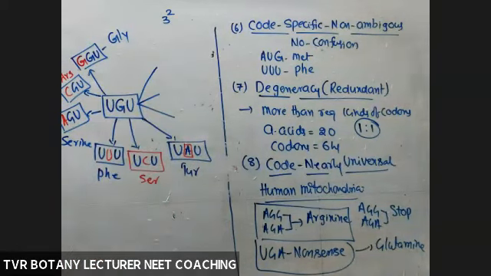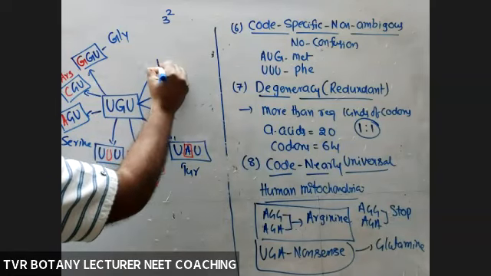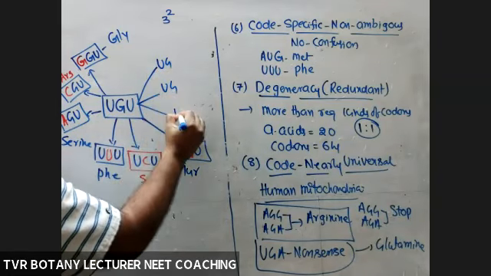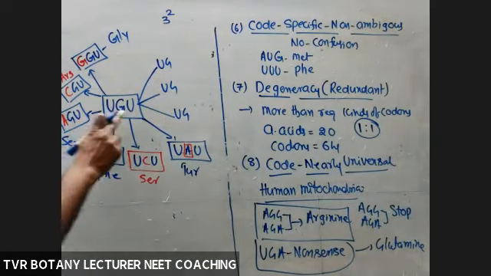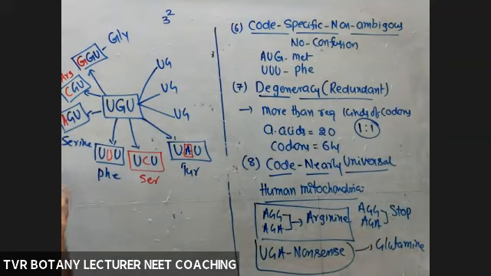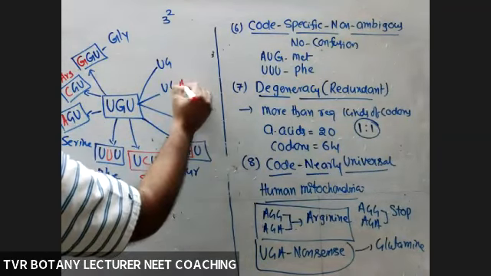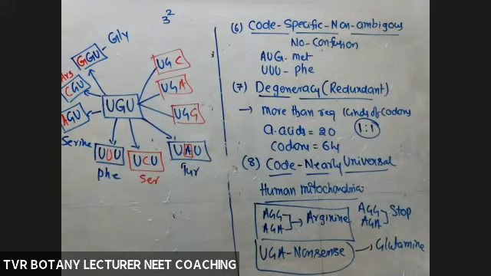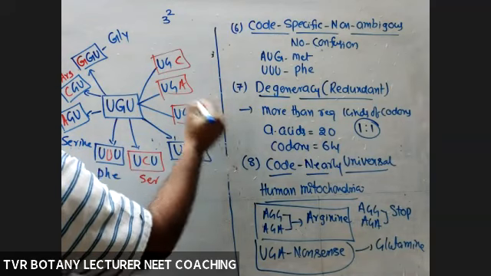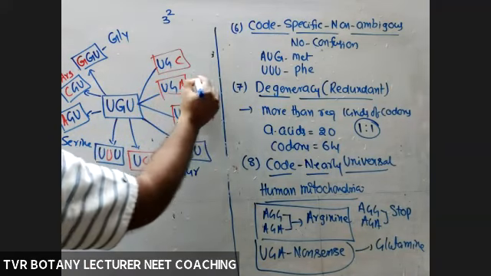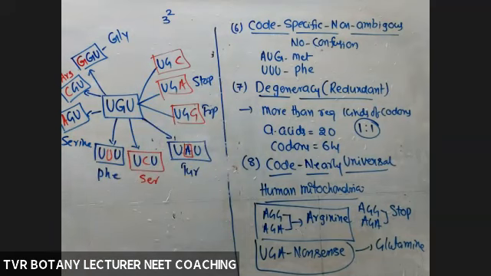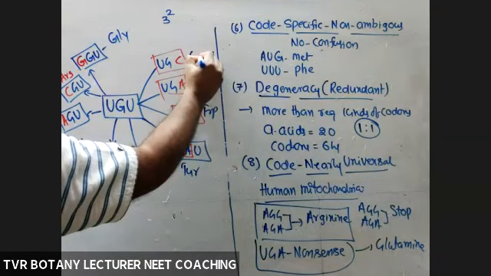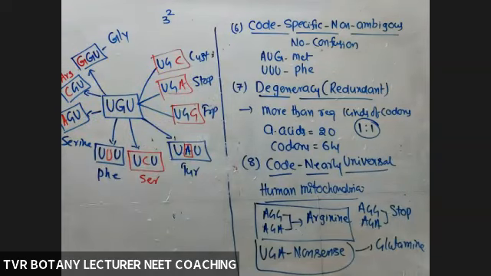Next, this position. Take three arrows and replace the third nucleotide: UG as this, UG as this, UG as this, and change the last one. According to the textbook, one new codon is UGG, tryptophan. UGA is a stop codon. UGC is cysteine.